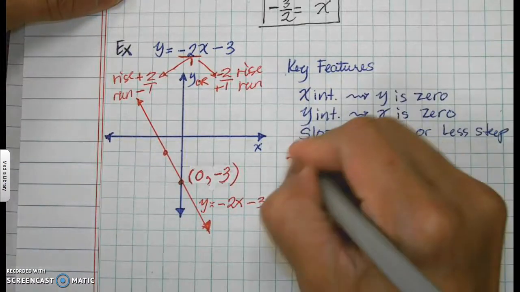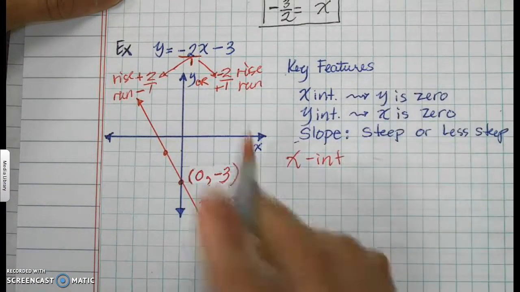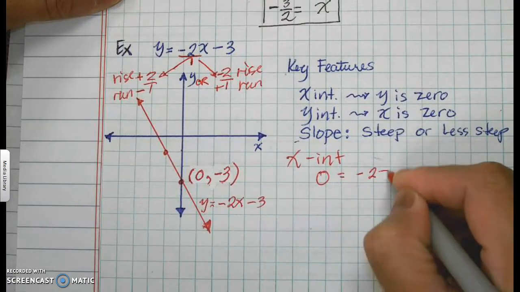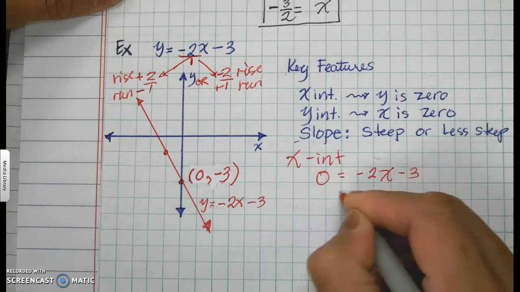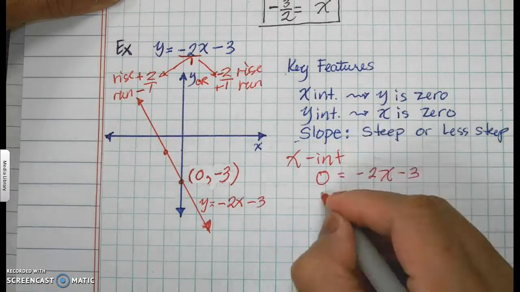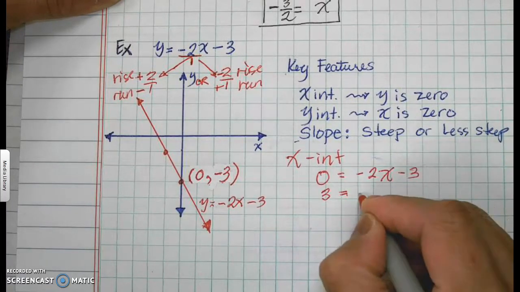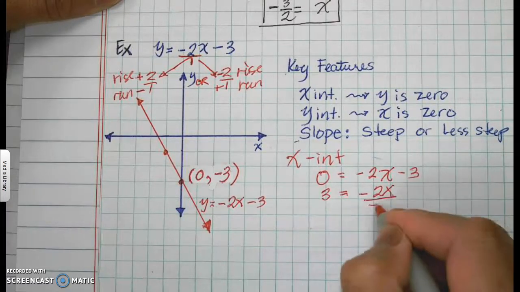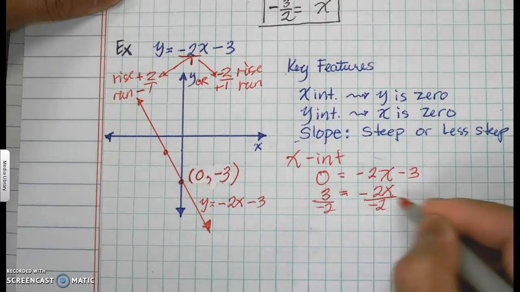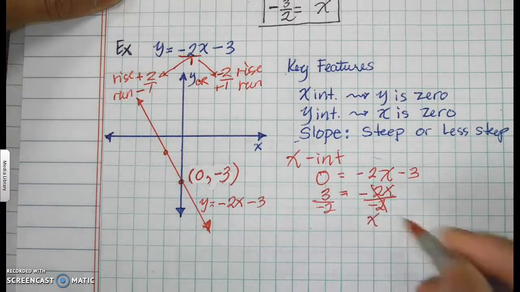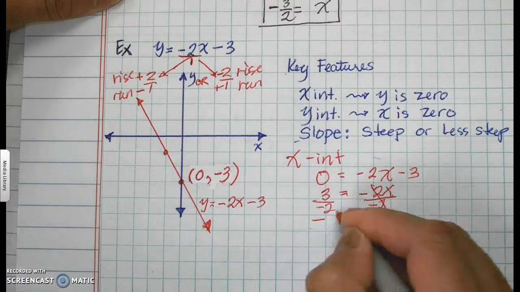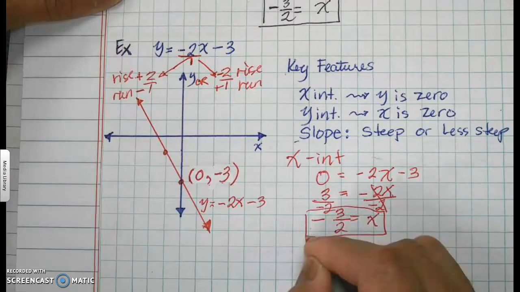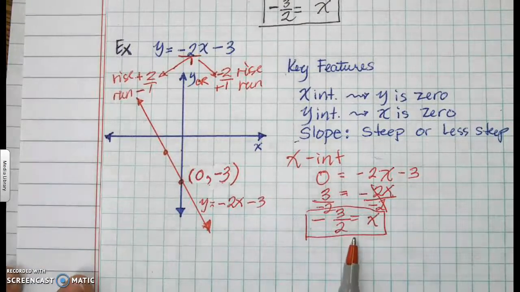So x-intercept is when y is 0, so set that to 0, equals negative 2x minus 3. Move the 3 to the other side and that's going to become a positive 3. Negative 2x equals 3. Divide this by negative 2 and x is equal to negative 3 over 2, which is remarkably the same as the first one that we got.